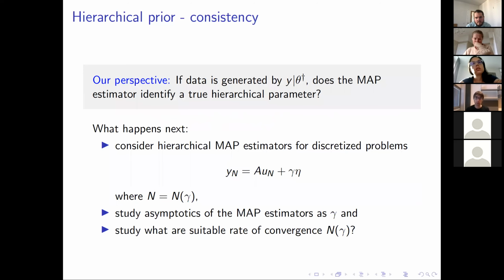So what I will do next, I will consider our linear problem, discretize it, and study the asymptotics of those MAP estimators as noise goes to zero, and then figure out what is a suitable rate of discretization in terms of taking the noise to zero.